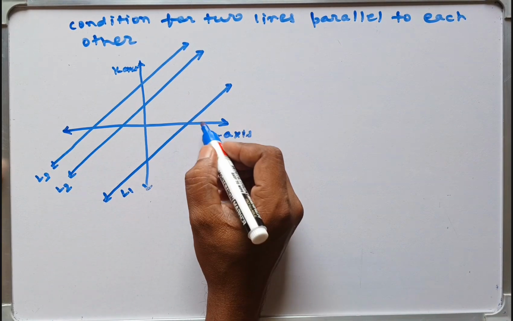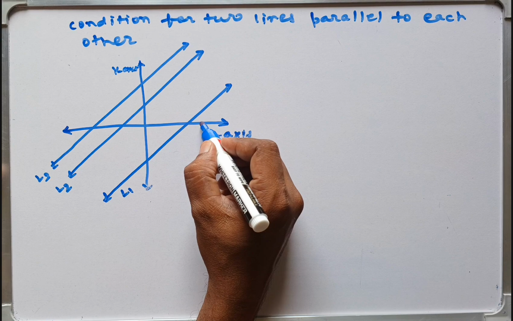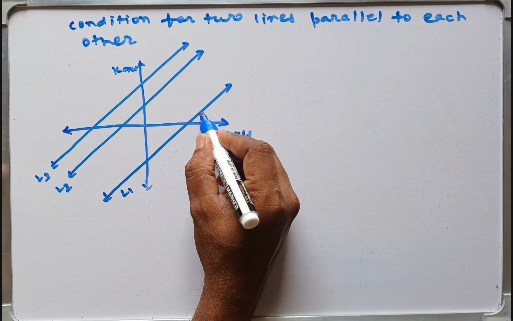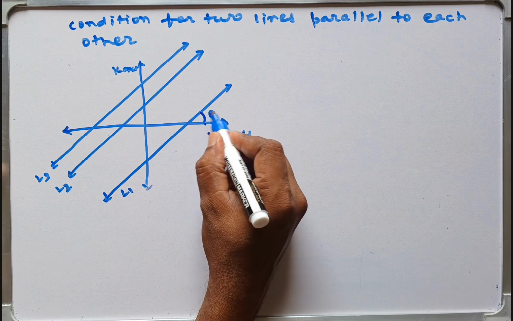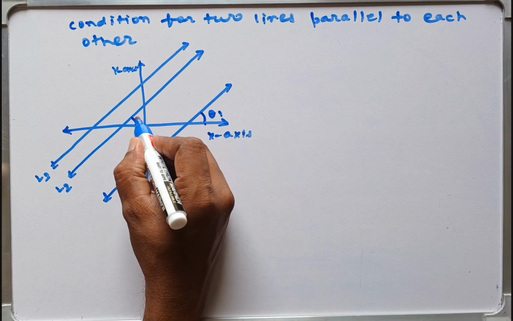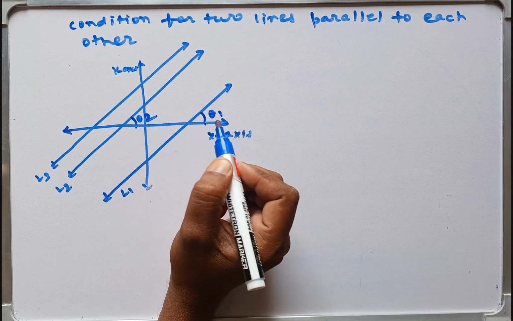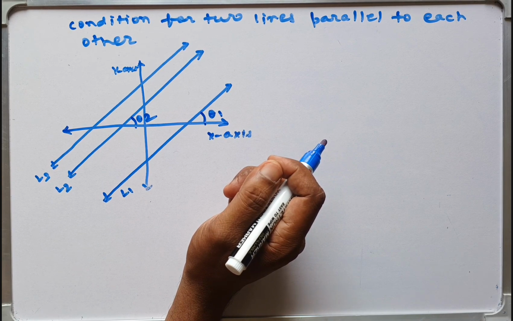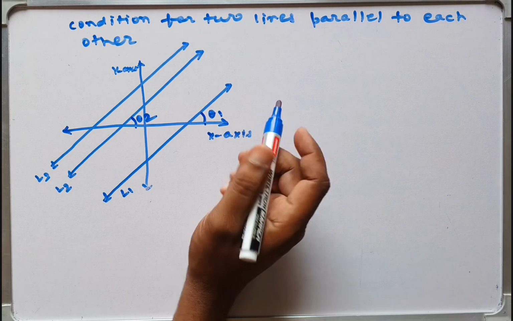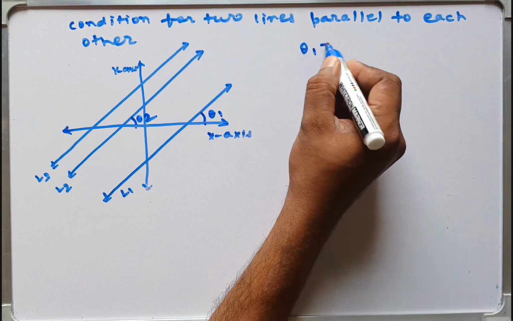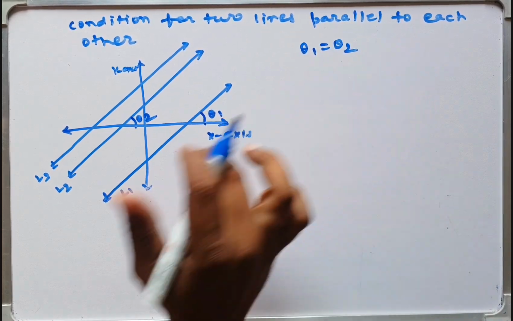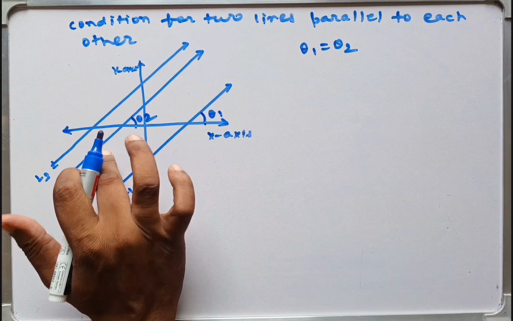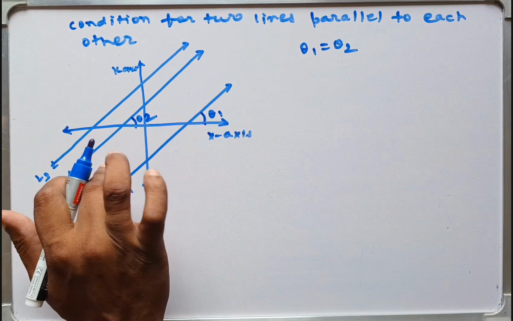So if we say the angle between the x-axis and this line is theta 1, and this one is theta 2, then if theta 1 equals theta 2, only then are these two lines parallel to each other.